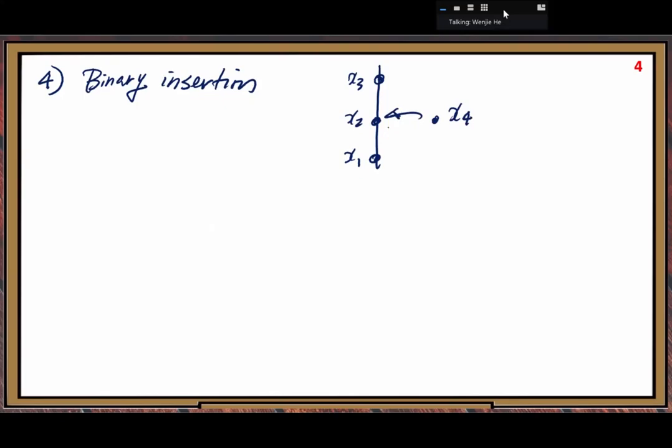We compare X1 with X2 first, the first comparison. Then the second, based on greater or less than, so you have 2 cases, but you just need 2 comparisons. You can insert it into this ordered array, not 3. So this result you need to be aware of.